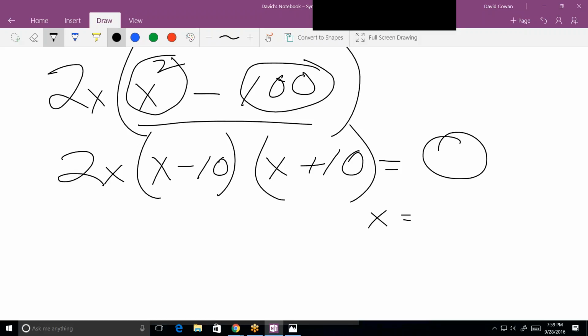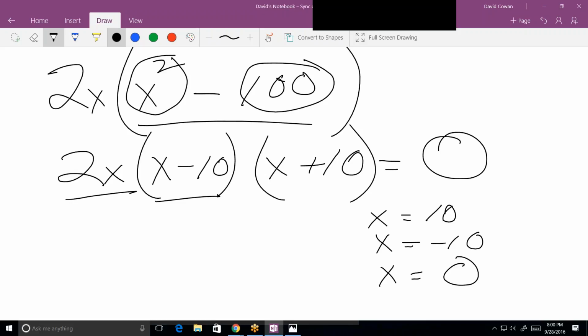So x would be equal to 10, and then minus 10. But you're forgetting the one that everybody forgets. The 2x. When 2x is equal to 0, what does x have to be? 0. There are 3 solutions.